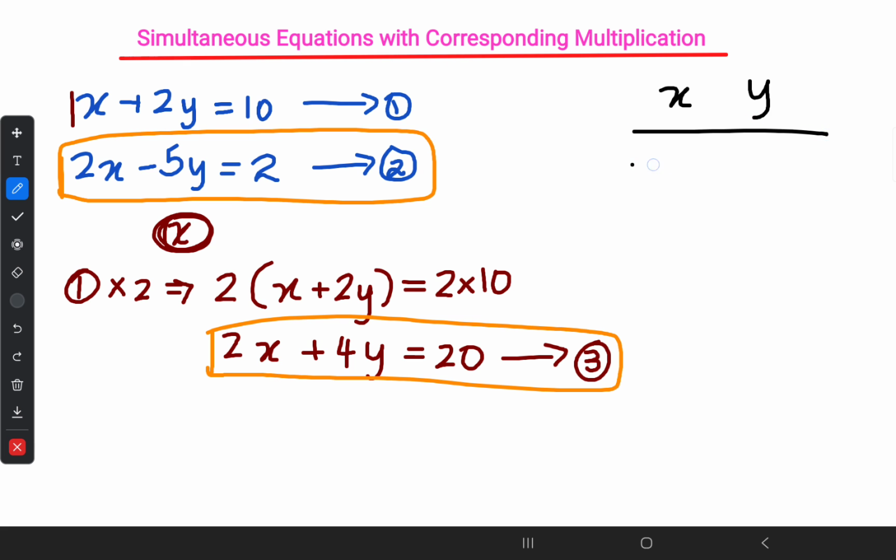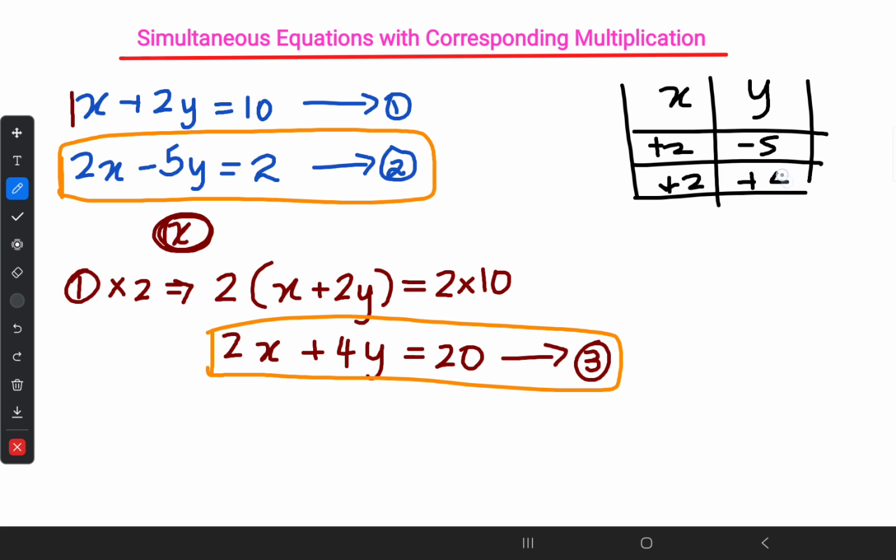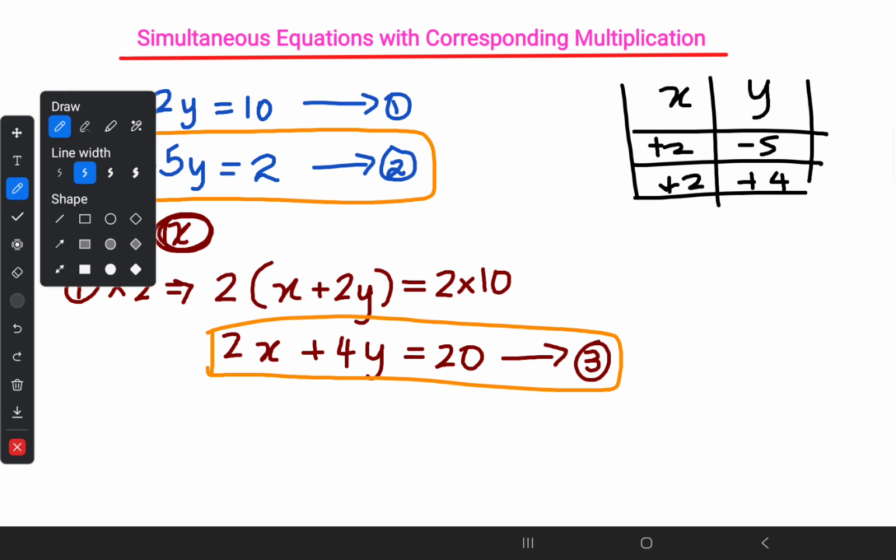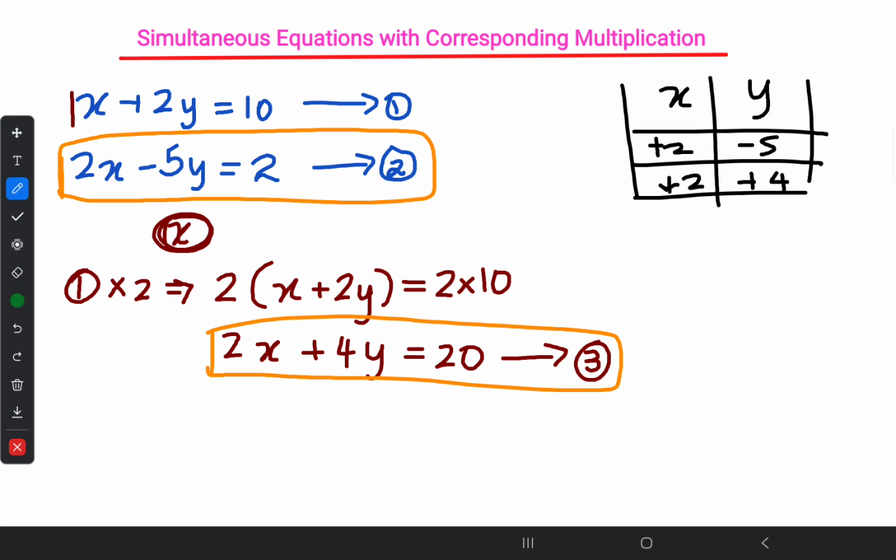In the second equation, the coefficient for x is positive 2 and y is negative 5; in the third, positive 2 and positive 4. Think about it. When you add these two equations, we get positive 4x and negative 1y, so none of the variables will be eliminated. If addition is not suitable, you have to stick with subtraction.